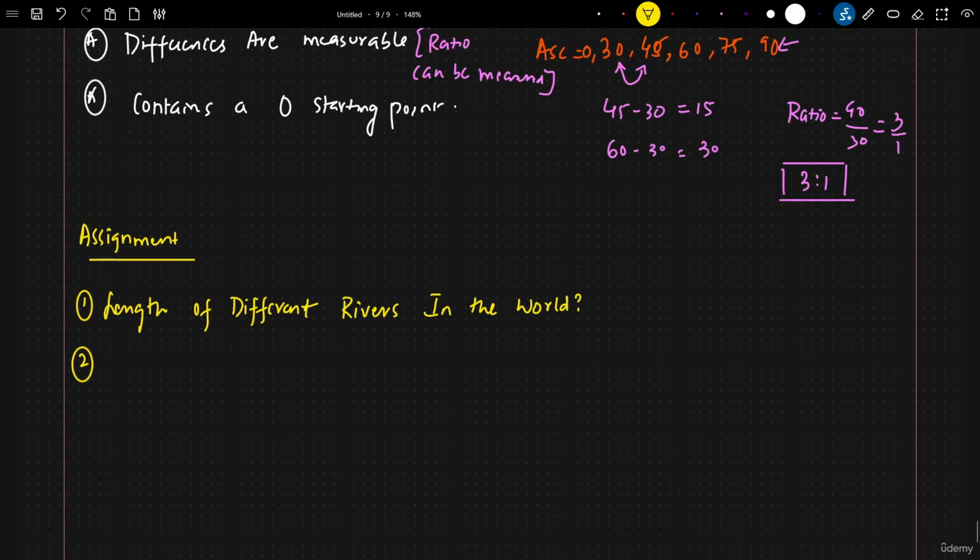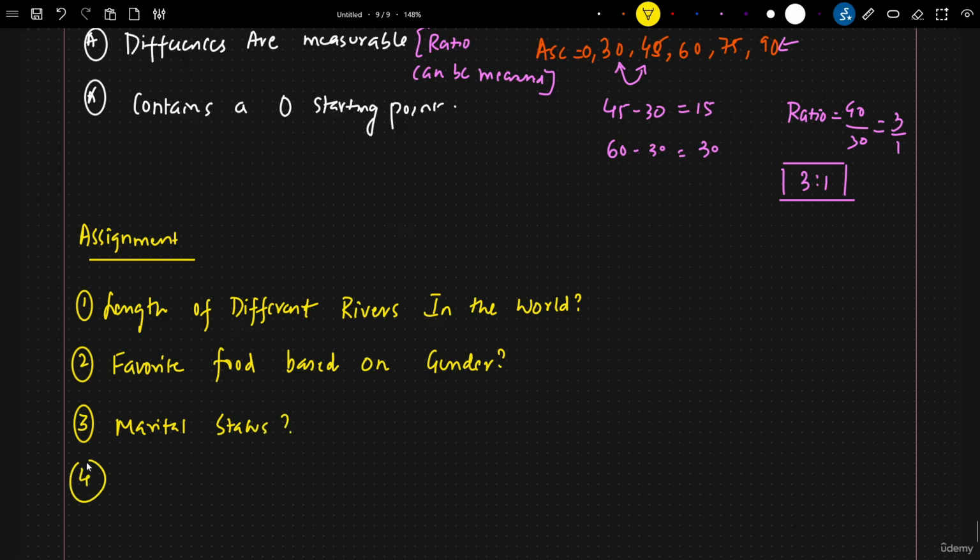Then the second one is favorite food based on gender. So for this, which scale will I use? Okay. Third, marital status. Which scale will I use? Tell me. And then fourth, IQ measurement.